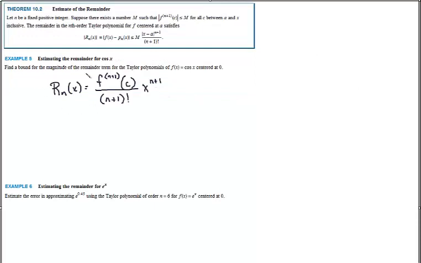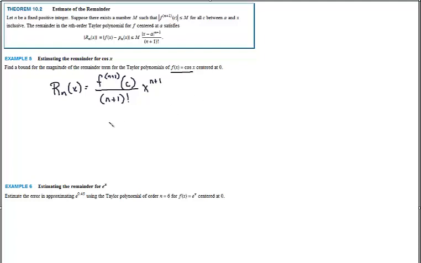For example 5, we're going to find the bound for our remainder. By definition, here's what the remainder is. We are centered at 0, and I know that because we're looking at this function f of x as cosine x, I have this bound of 1 because all of my derivatives are going to flip-flop between sine and cosine and positive and negative. So it's going to be positive or negative 1.